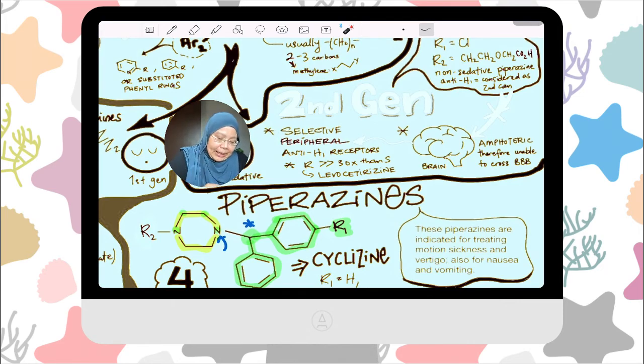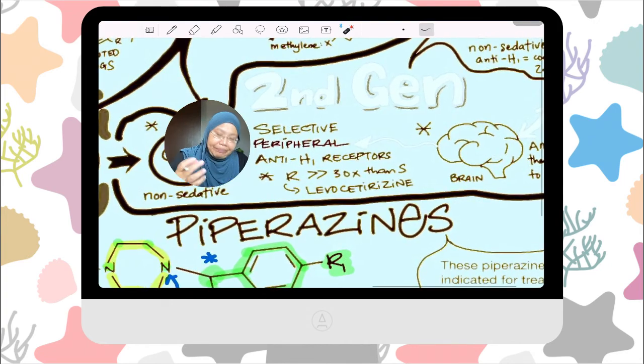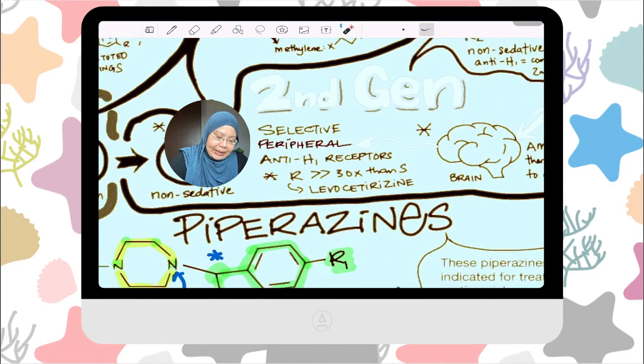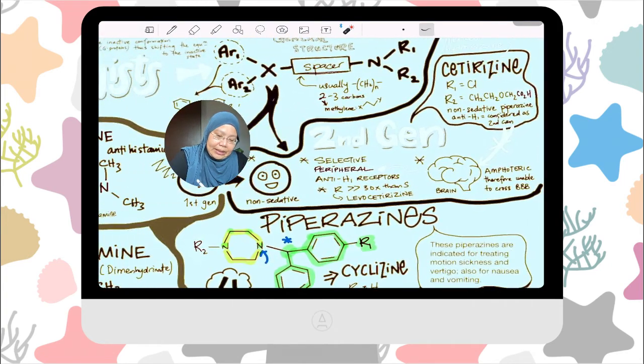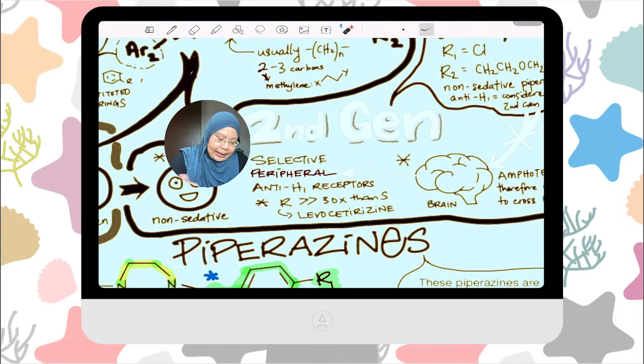What's cool or awesome about this second generation is cetirizine. You also find cetirizine a lot in the pharmacy. It is now very selective, a peripheral antihistamine. The R isomer is better or more potent than the S isomer.